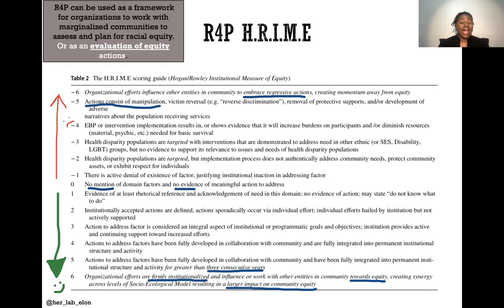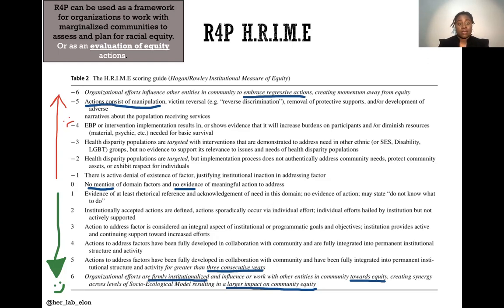We're talking about actual actions that consist of manipulation, victim reversal, and removal of protective supports and/or developments of adverse health outcomes resulting from that institution being at play or that organization being present in the community or that program existing that's targeted that population.